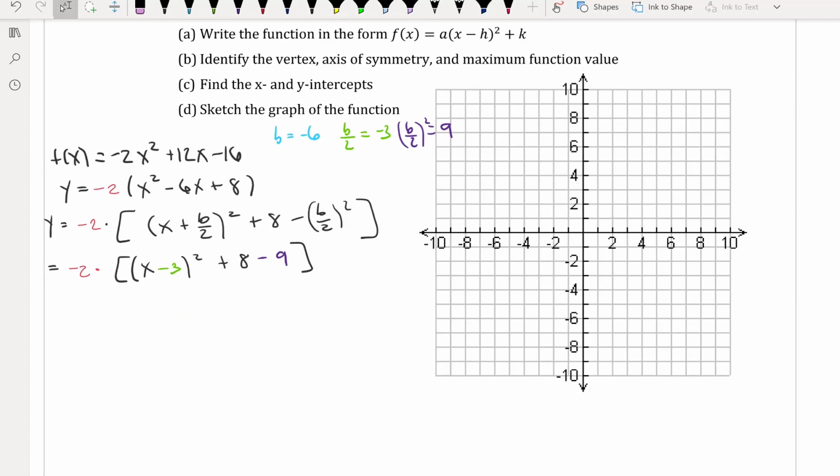So when I simplify this a little bit further, I still have that -2 hanging out on the outside, and I have my x minus 3 squared, and a +8 minus 9 gives me a -1. And since I factor out that -2, what I can do is actually distribute that. Maybe I'll use a different color.